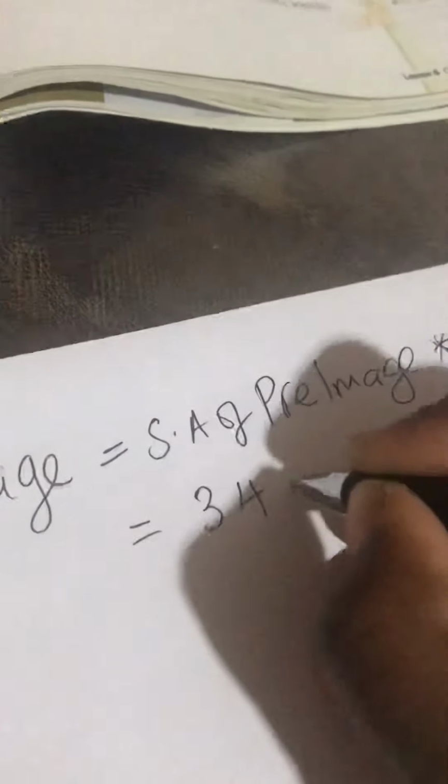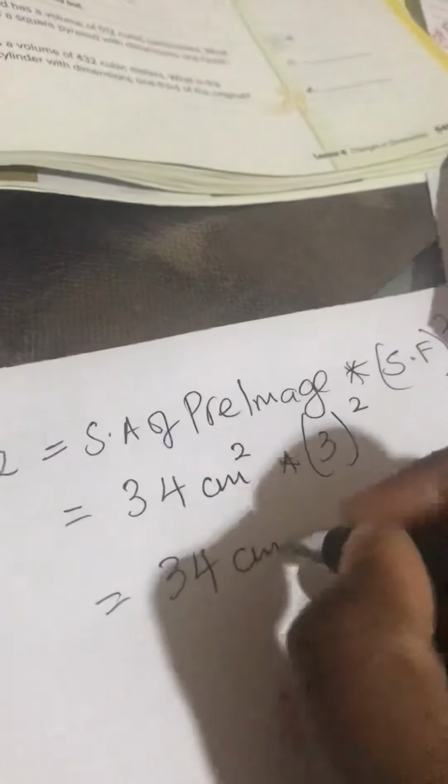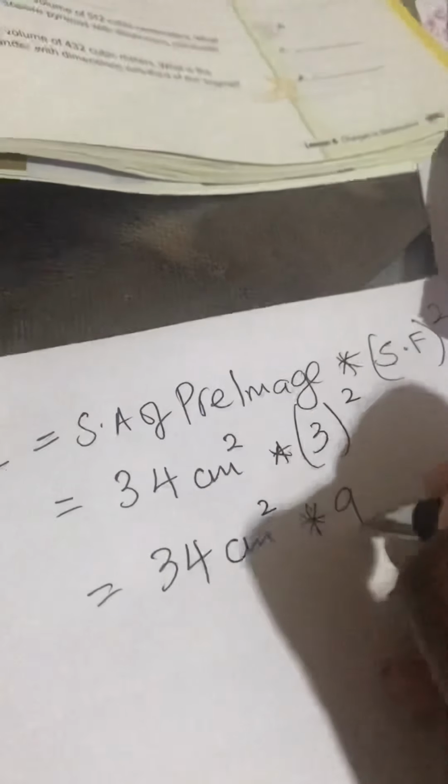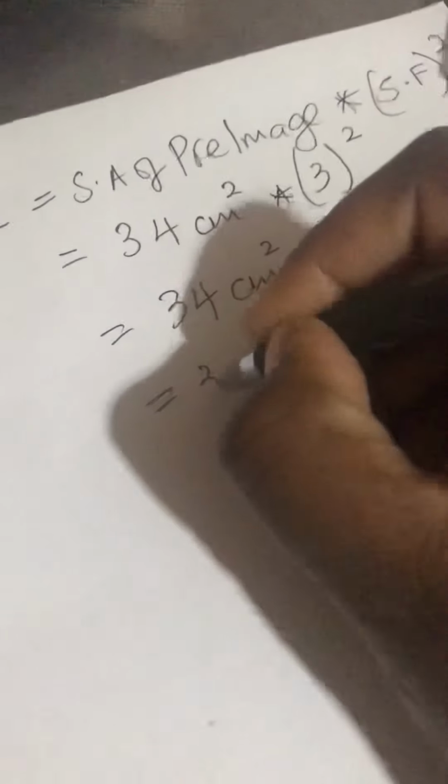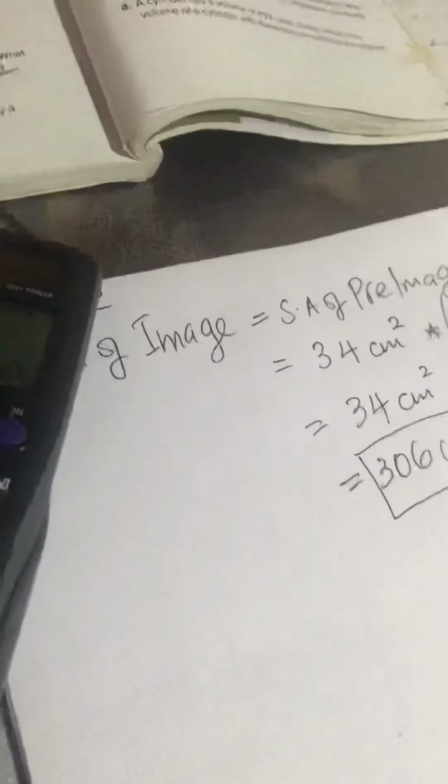So 34 centimeters squared. What is my scale factor? It is 3. So I will put 3 into bracket squared. So this becomes 34 centimeters squared times 9. I take my calculator and I press 34 times 9 and I got 306 centimeters squared. And this is my answer.